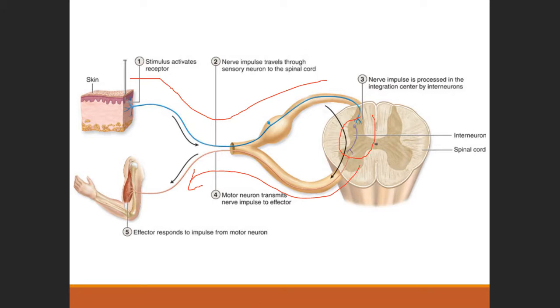You step on the nail, it pulls the foot away from the nail. You touch a hot stove, it pulls the hand away from the hot stove. It withdraws. But when we look at how that is accomplished, it takes on a much more complex pattern than we saw with our first two types of reflexes.